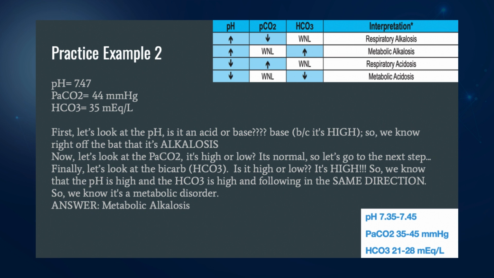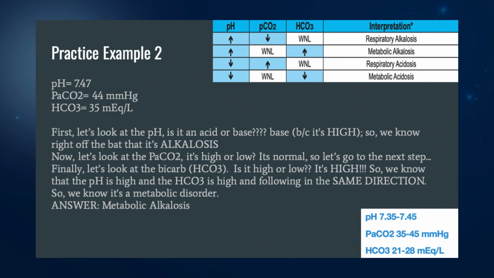so that we can do the questions as fast as we can do it right now using this cheat sheet. Okay, so again, in summary for this question, 7.47 is high, so pH is high. 44, the partial pressure of carbon dioxide, is within defined limits, so the answer is metabolic alkalosis.